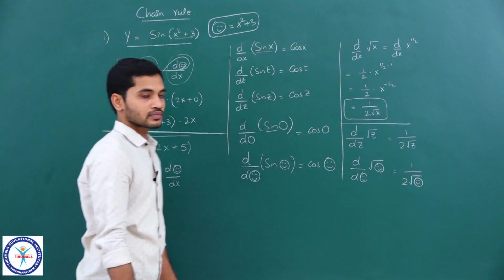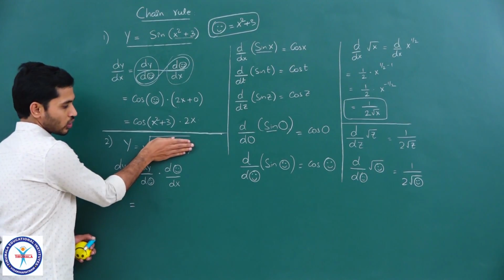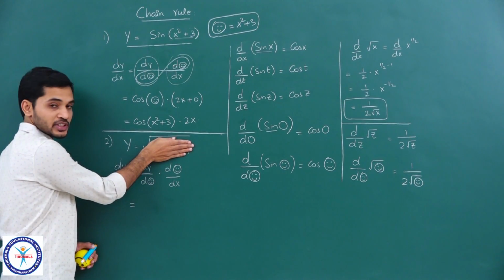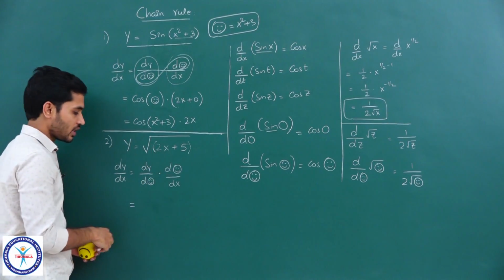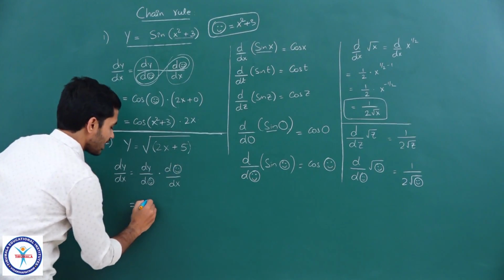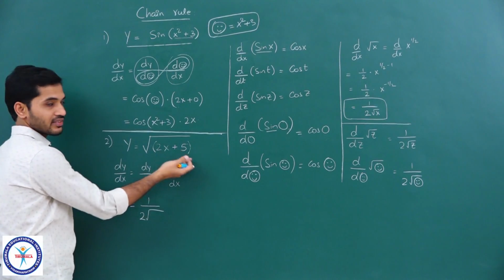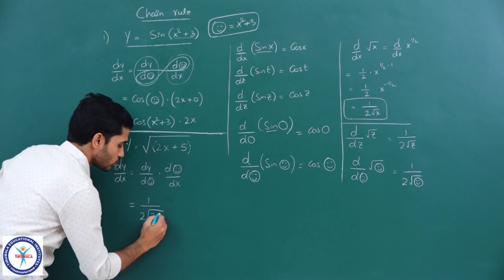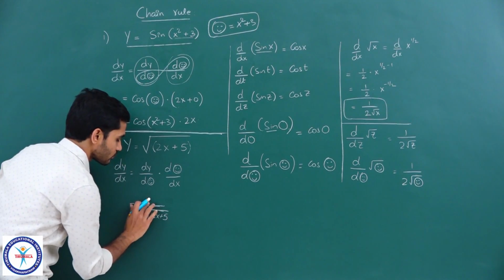So, I will use the same concept. I will not look at what is inside, I will consider that as my smiley. I have root smiley, I will differentiate that with smiley. When I differentiate root smiley with smiley, I just got the result. So, I will be getting 1 by 2 root smiley. Let us write the value of smiley. So, 2x plus 5. The first part is done.